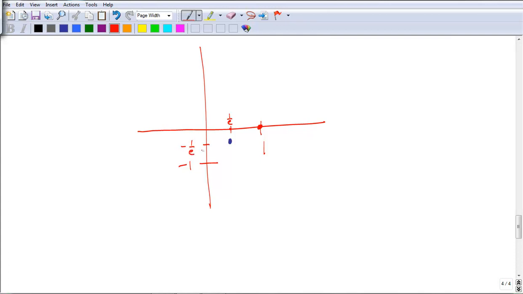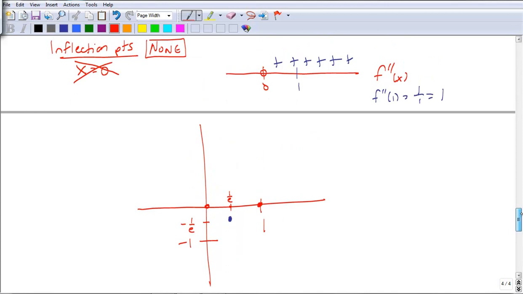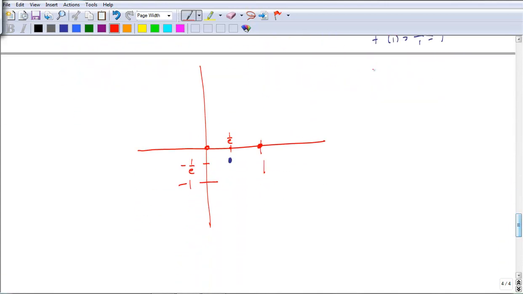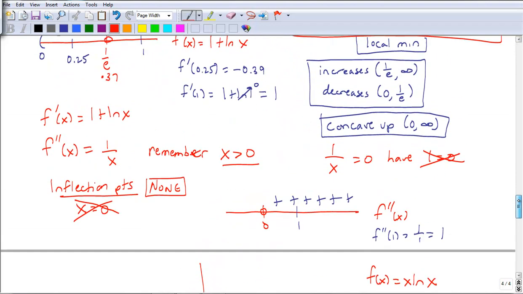And I know that at 0, this graph doesn't exist. And there are some properties that you're going to learn about in 4.7 where we can show that x ln of x, as x approaches 0, goes to 0. So I know this graph is going to have an open circle at 0 there, but that's from stuff that we haven't learned yet.